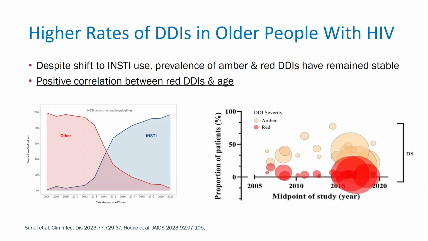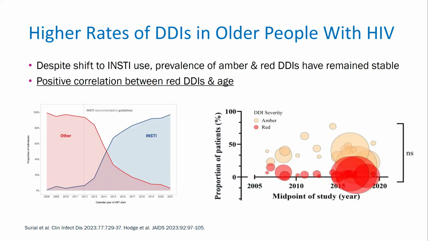Well, what's been shown is that despite a shift to primarily use of second-generation integrase inhibitors, which do tend to be very neutral in terms of causing drug-drug interactions, in fact, the prevalence of clinically relevant drug-drug interactions has remained stable.